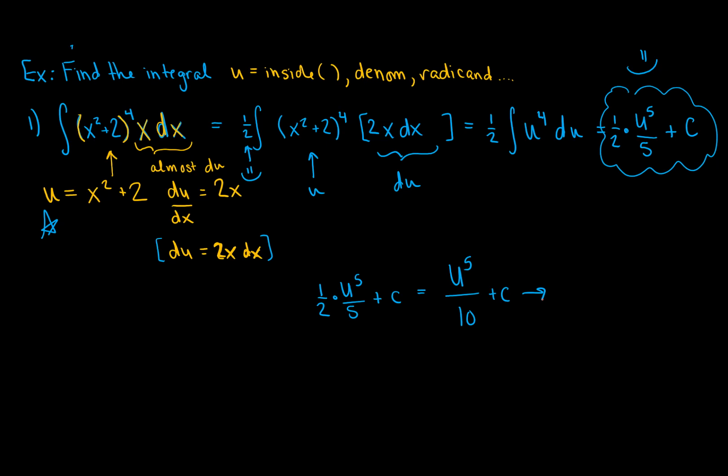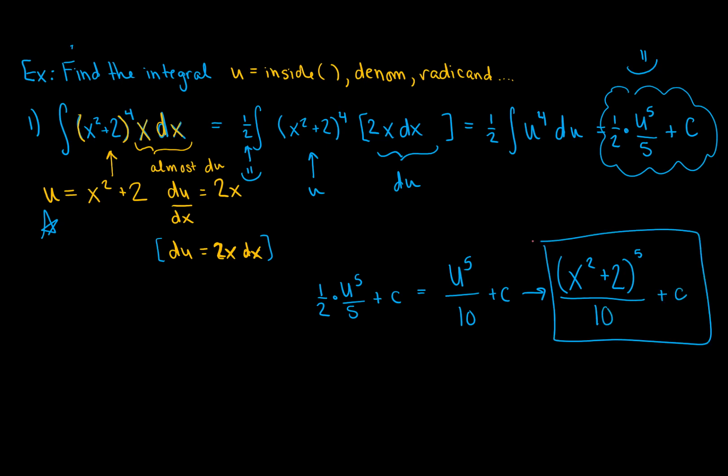But I need to give this answer with x's. So I need to substitute that back in. So this is going to become x squared plus 2 to the 5th power over 10 plus c. And that's my answer.